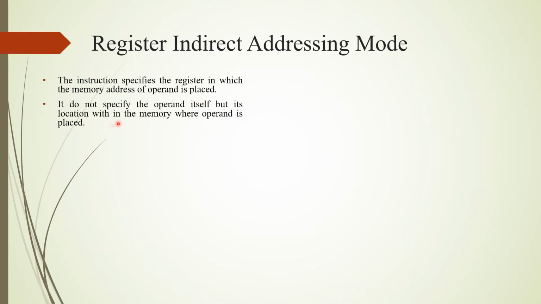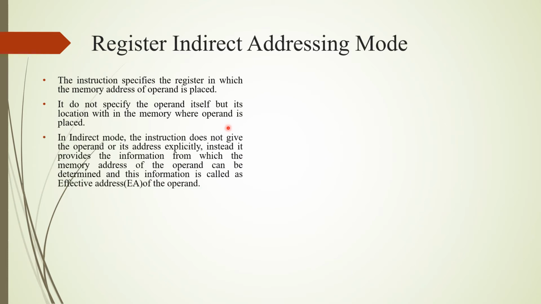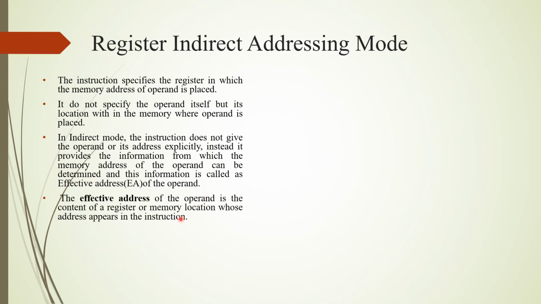So it does not specify the operand itself, but a location within the memory where the operand is placed. As I told already, in indirect mode, the instruction does not give the operand or any address, but it gives information about the memory of the operand, and this information we call the effective address. The effective address of the operand is the content of the register or memory location whose address appears in the instruction.